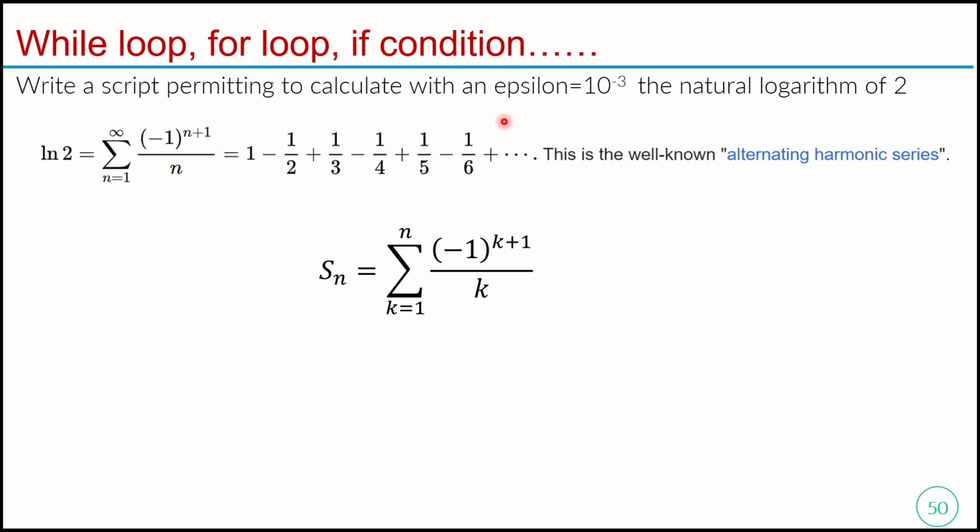So I took an epsilon, or an error, equal to 10^-3, and I started doing this. So the idea is the following.